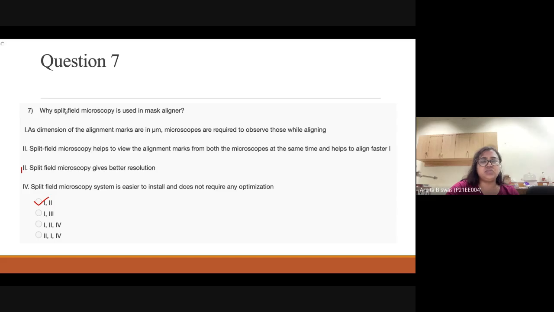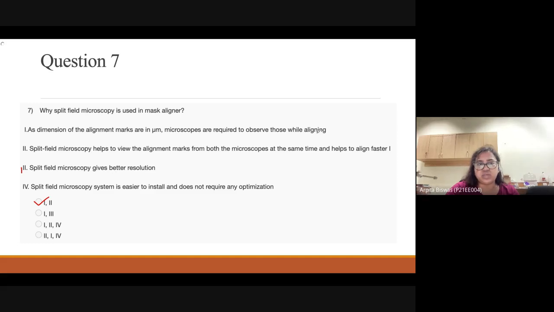Because split field microscopy is used in the mask aligner. The first option says the dimensions of the alignment marks are in micrometer, and microscopes are used to observe those while aligning. If you see the lithography system, on the right side you can see the split field microscope.